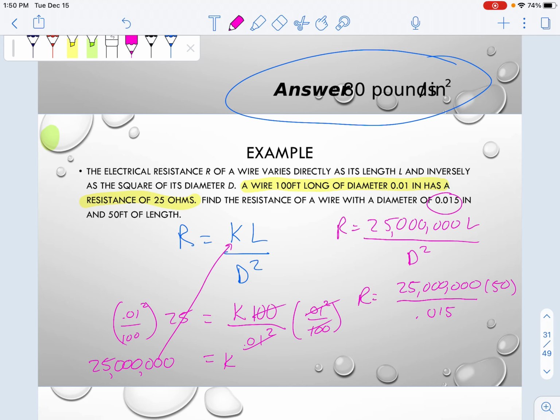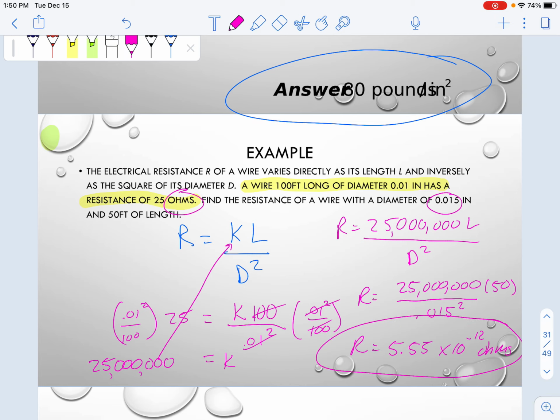Make sure you do the numerator first, and then, I forgot the square here, divide by the square of the diameter, and you get 5.55 times 10 to the negative 12, and our unit for resistance is ohms.